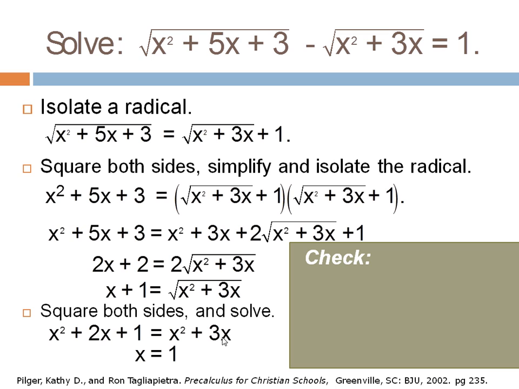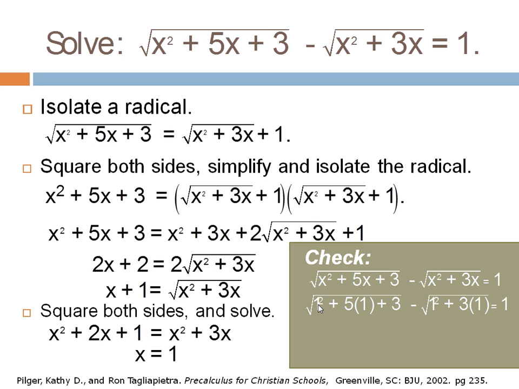This would be 1 plus 5 plus 3, which equals 9. This would be 1 plus 3 is 4. So we have the square root of 9 minus the square root of 4. Well, the square root of 9 is 3. The square root of 4 is 2. 3 minus 2 is 1. It does work, so our solution is x equals 1.